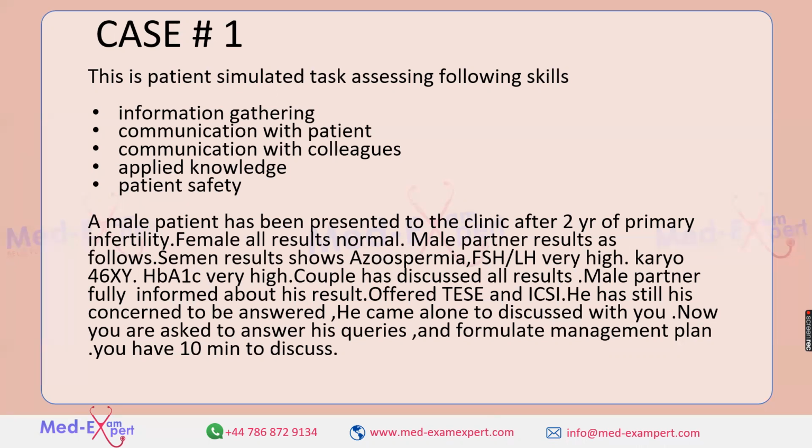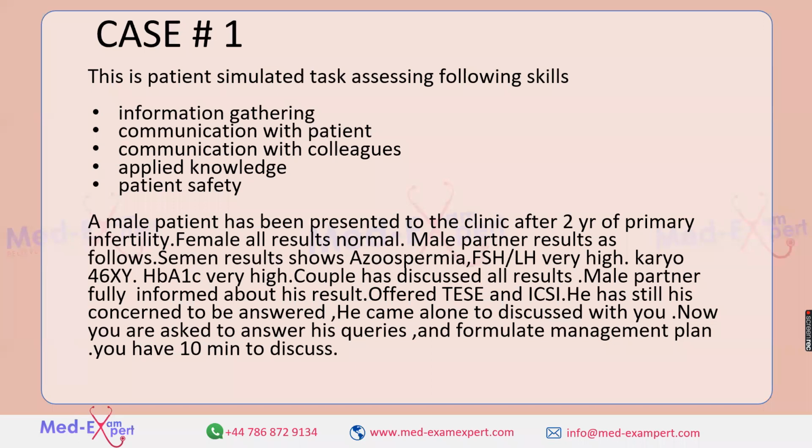Okay. How long have you been trying to have a baby? Yes, doctor. We both are trying to have a baby about 3 to 4 years. Okay. What treatment has been taken so far? No treatment has been done. Just recently we did some investigations, and my partner's results came as normal. But the doctor told me that I have no sperm in my semen.